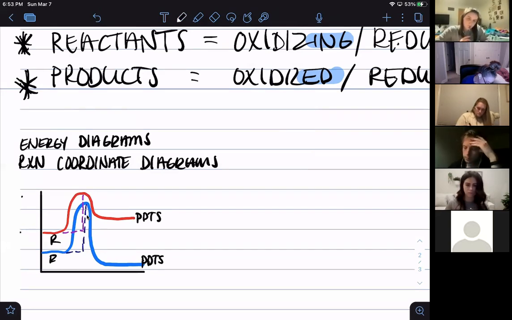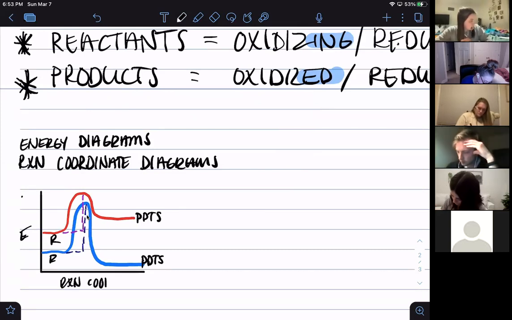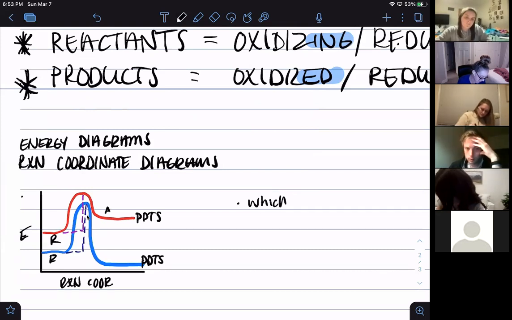And then here he's going to have energy. This is going to say reaction coordinate. And then the couple of things that he's going to ask you about is he might say, if he labeled this as A and this as B, which is spontaneous?